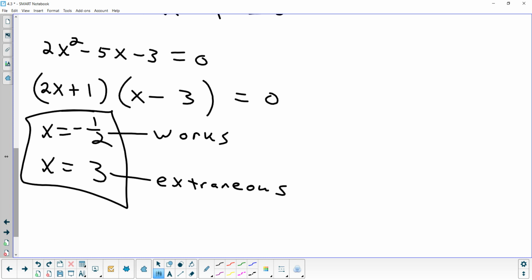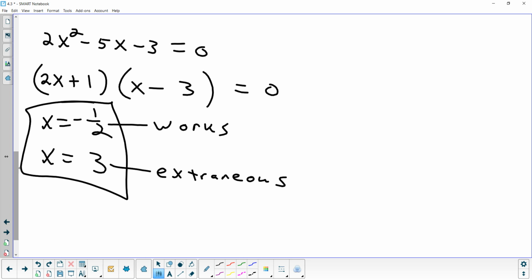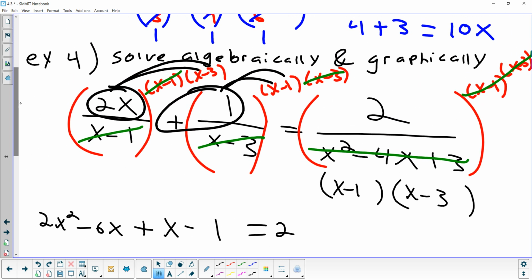Again, there's no way for the calculator to graph and give you the extraneous answer or anything like that. You have to find it either using factoring or quadratic formula. All right, any questions on that one? So that's a pretty typical kind of rational equation where this denominator is the product of the other two.